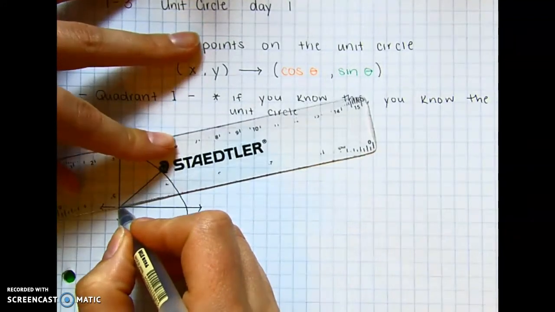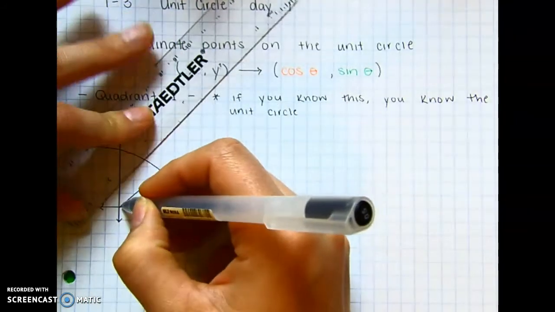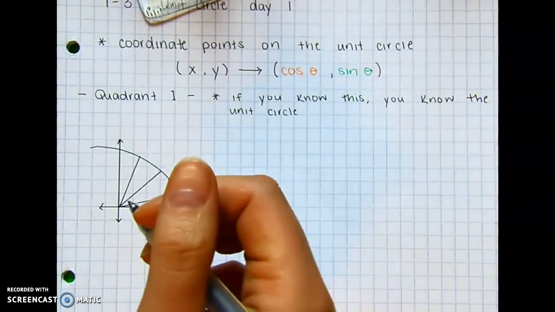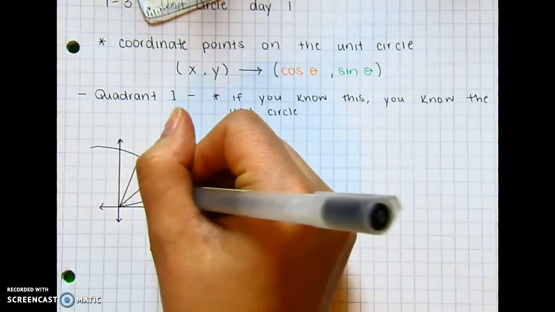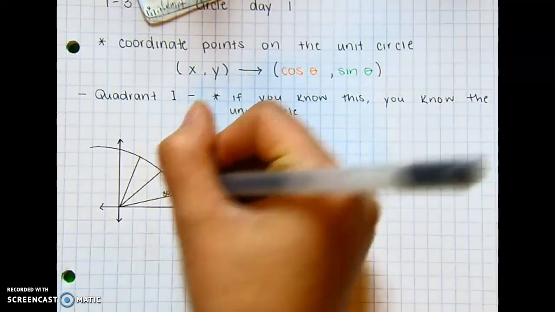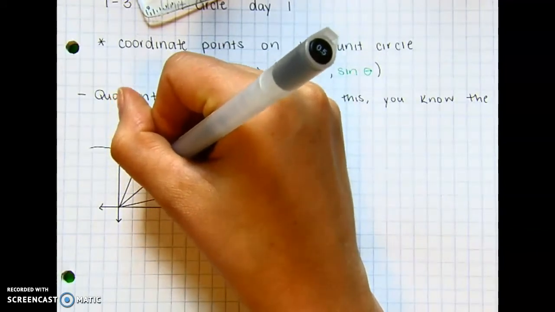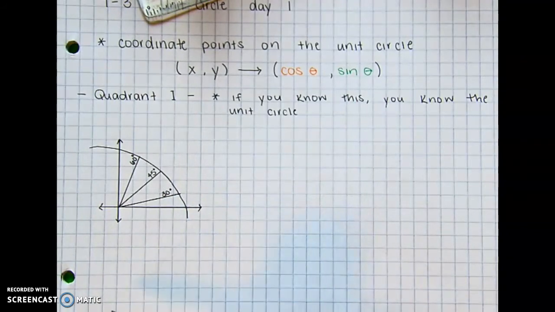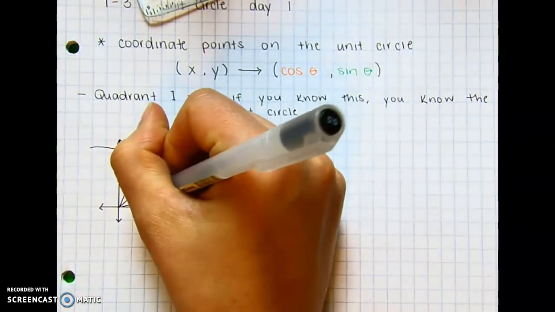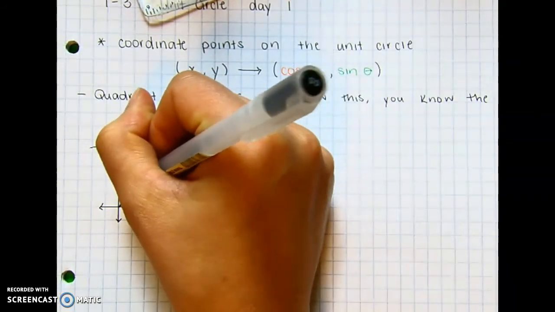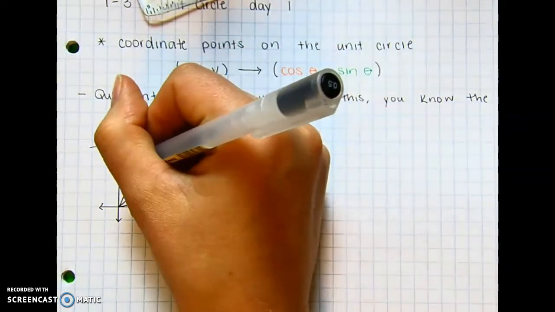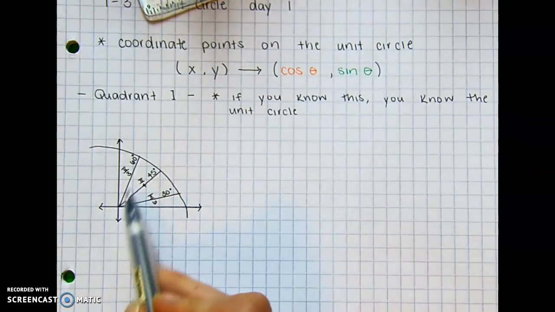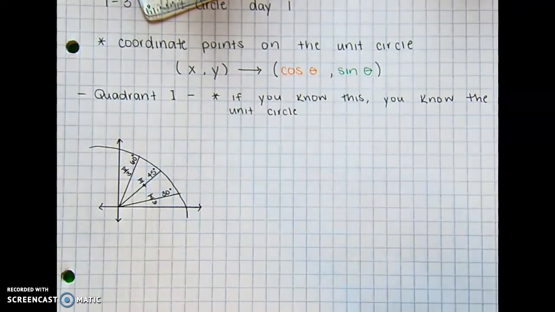And we have 30, 45, and 60. 30 also represents in radians pi over 6. 45 is pi over 4. And 60 is pi over 3. So you could think about it as 1/6 and then 2/6. So that's how you get pi over 3.